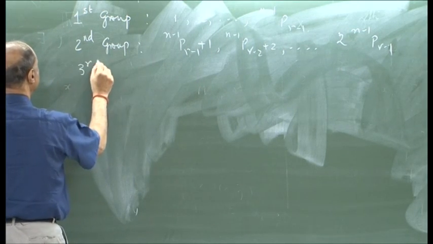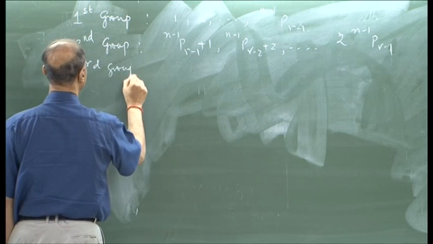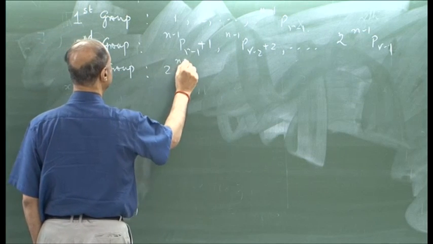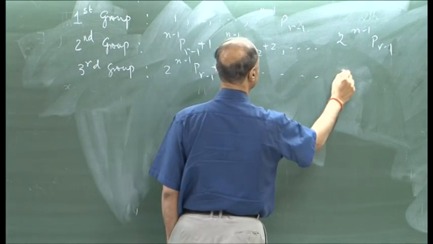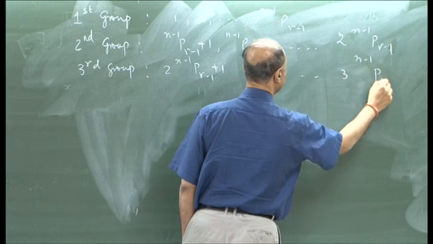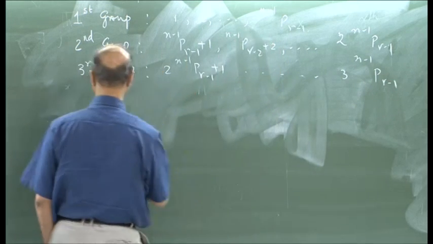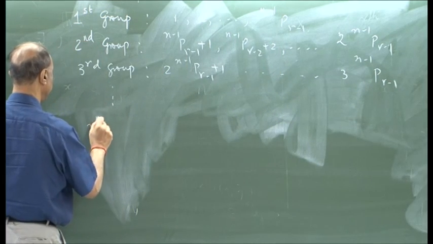Similarly, you have the third group, from 2 times n-1 P r-1 plus 1 to 3 times n-1 P r-1, and so on up to the nth group.